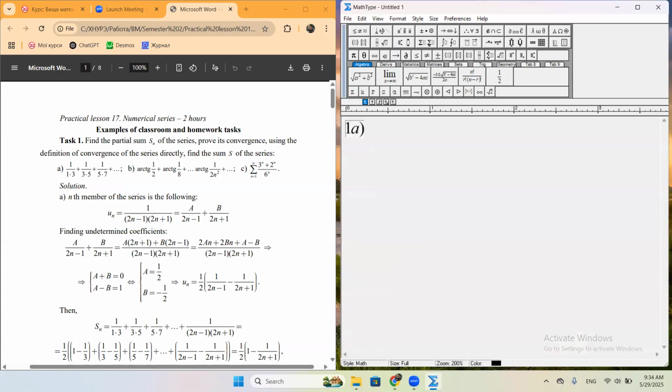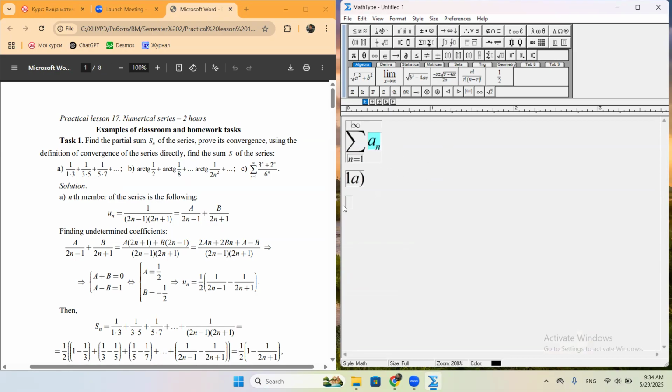Actually, what is a series? It is an infinite sum. And for a numeric series, it looks like this. It can start from 1 and go to infinity, and a_n, or maybe u_n, so different notations.